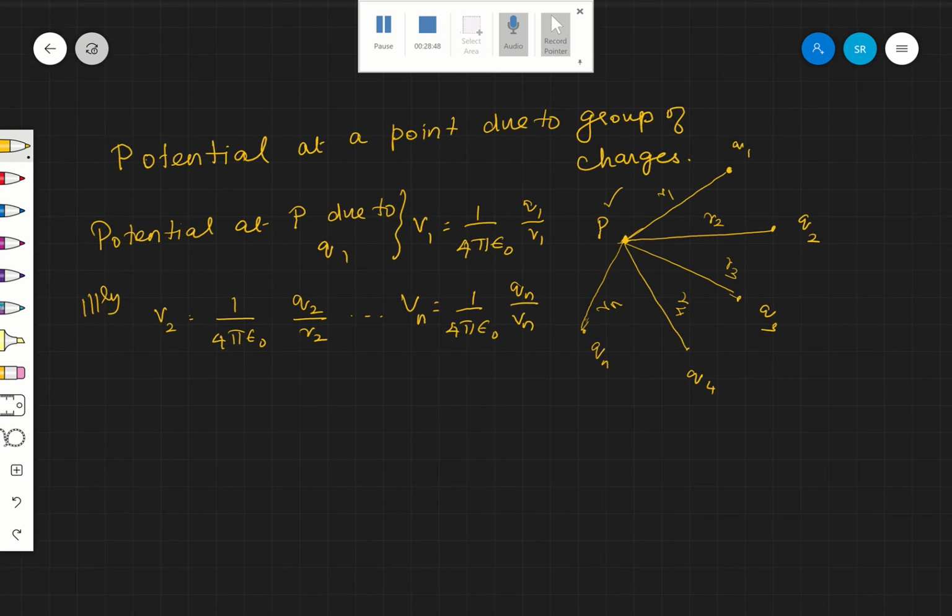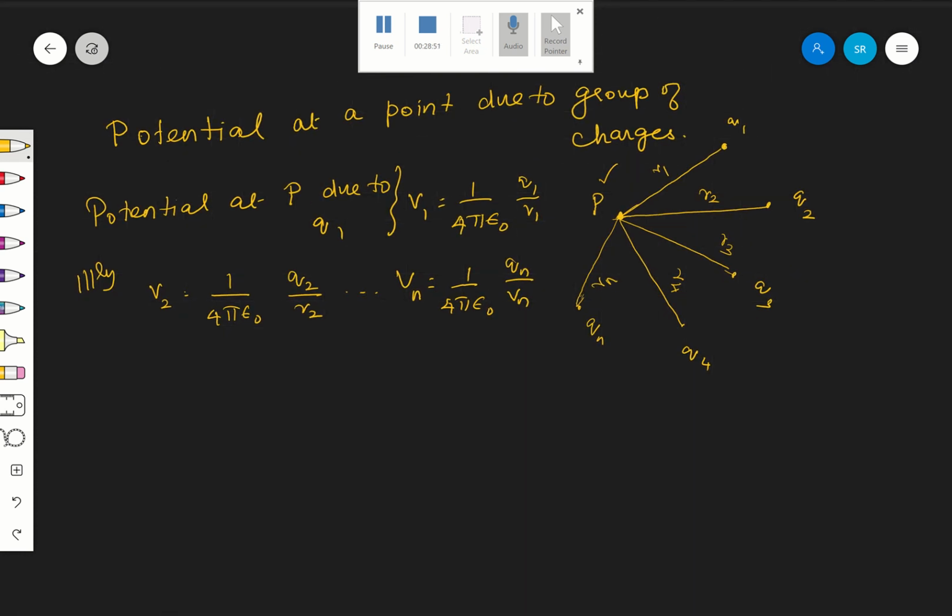Fine. Therefore, what is the total potential? Potential means electric potential here.